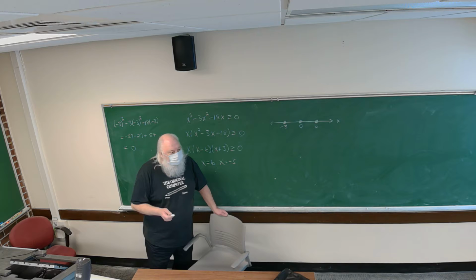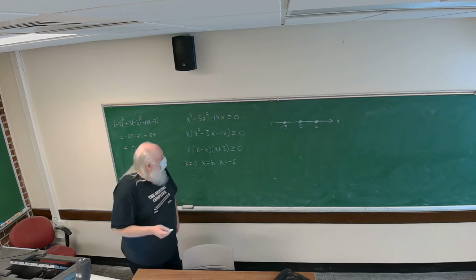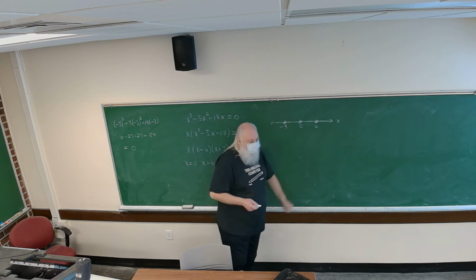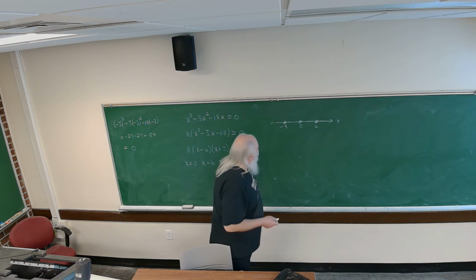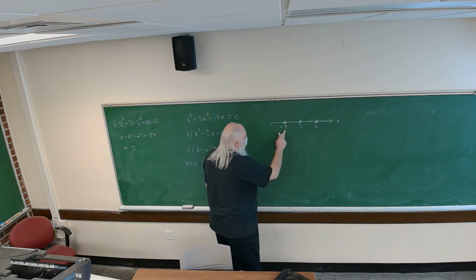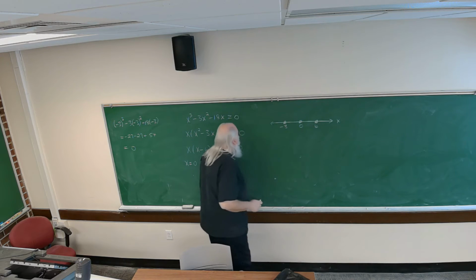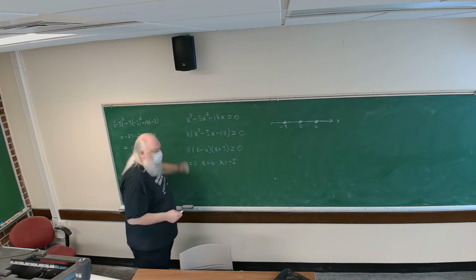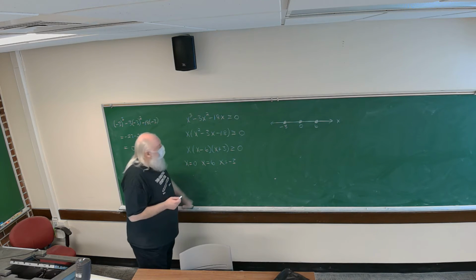Is that the final answer? No, now you have to do the test point method for each of these intervals. You just have to see whether the left-hand side is positive or negative, and you want it to be positive because it's greater than.